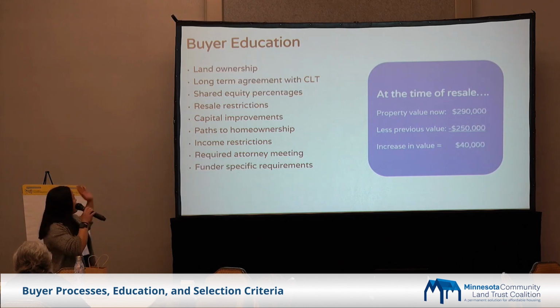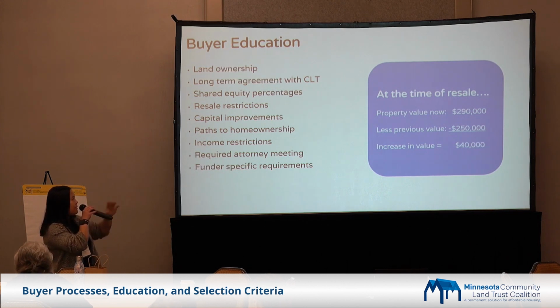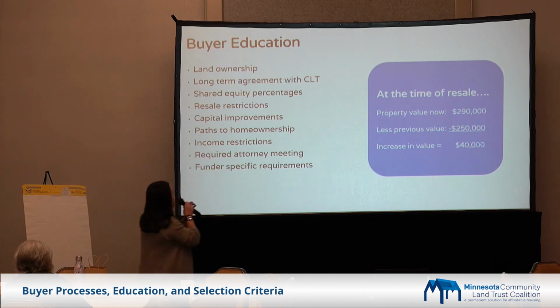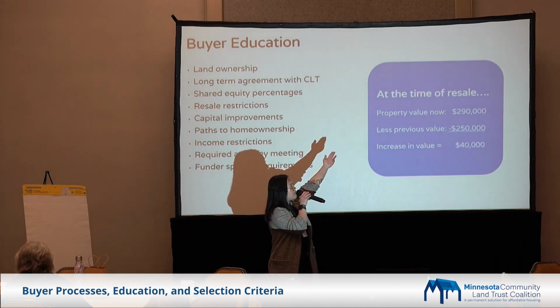With shared equity percentages, we always share 75% stays with the property, and then 25% of the equity goes with the homeowner once they go to resell. This is just a quick example at the time of resale. Let's say we had a property that was originally bought for 250, and then the property value went up to 290.